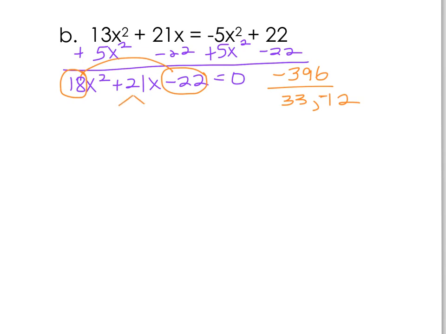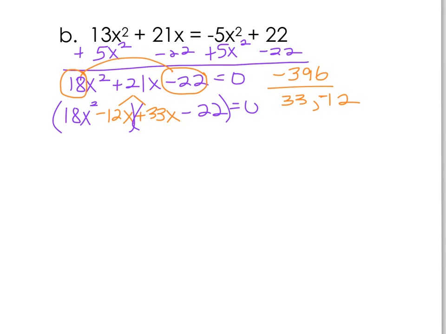Let's go ahead and split that 21x into negative 12x, plus 33x. I always like to put, if there's a negative one, put that first in the first parenthesis. Drop down the other two terms. So we'll have 18x squared first, and then minus 22 second. Still equals 0. Parenthesis around the first two, parenthesis around the second two.